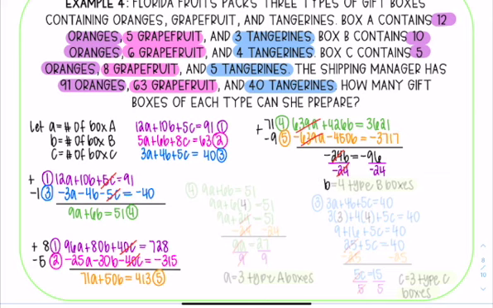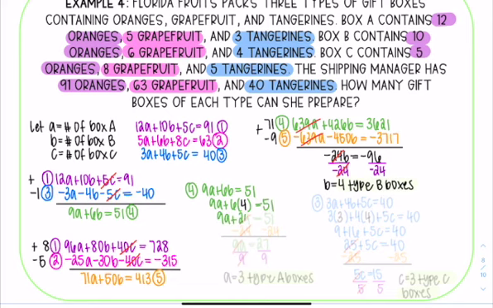Now we need to figure out how much of type A and type C. So I can plug in this information for B into either 4 or 5. It doesn't matter which one. I'm going to plug it into equation number 4. So we have 9A plus 6 times 4 equals 51. Well, that's 9A plus 24 is 51.